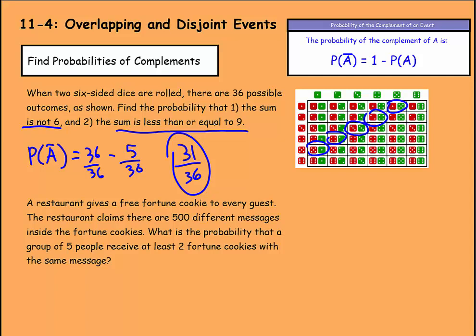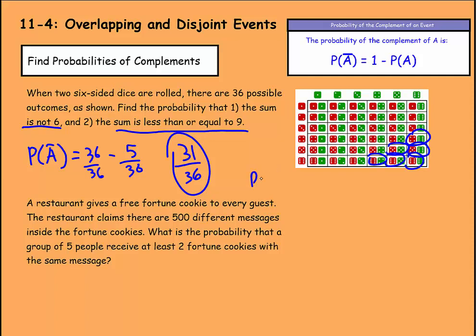Now we need the sum is less than or equal to 9. Instead of counting all the ones that are less than or equal to 9, which would be a lot of them, we can count 10, 11, and 12 and then find the complement of that. So 10 I count 1, 2, 3, 11 I count 2, and 12 I count 1. So that gives me a total of 6. 6 out of 36 is 1/6.